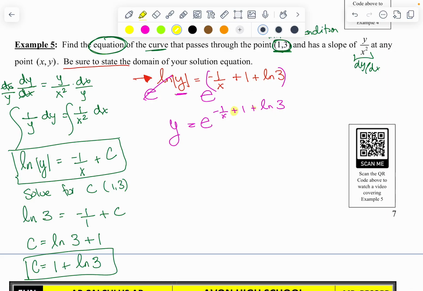When you have a common base with things that are added together in the exponent, I can break this down into y equals e to the negative 1 over x times e to the 1 times e to the ln of 3.